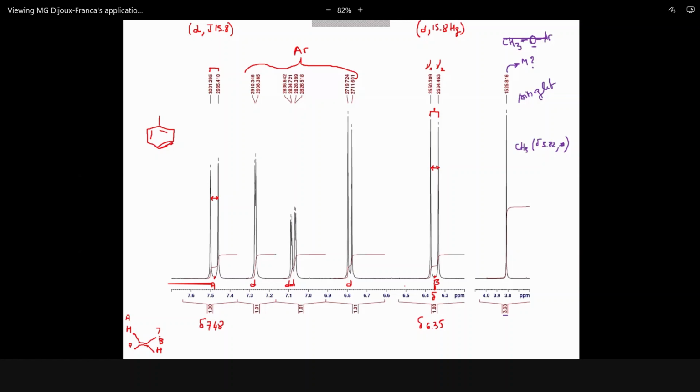And on this ring, I have to place 3 protons on this aromatic ring. And what will help me is the value of the coupling constant.